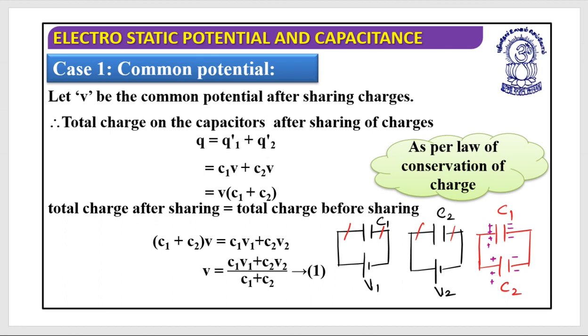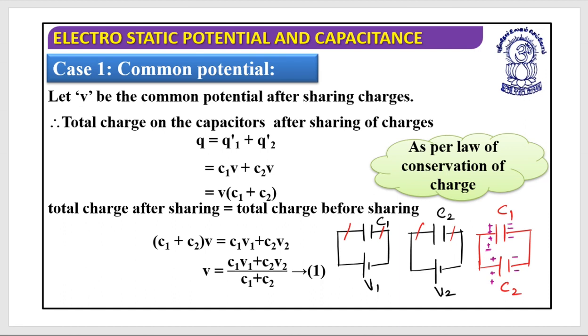So the same polarity plates of both capacitors have been connected with each other. If the polarity is reversed, we will see what happens next, but please remember that these relations can be used when both positive plates are connected.